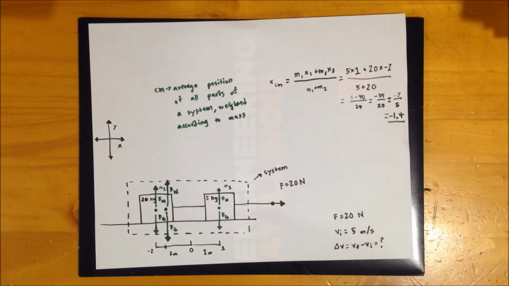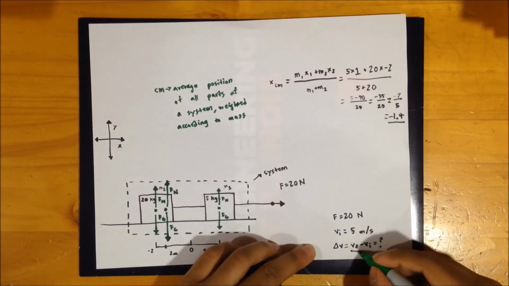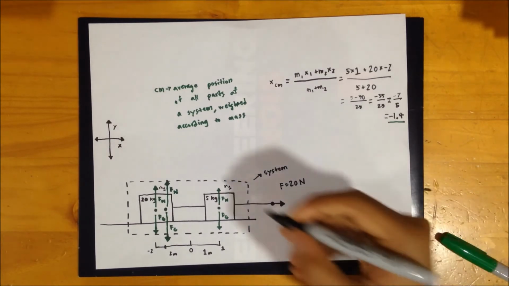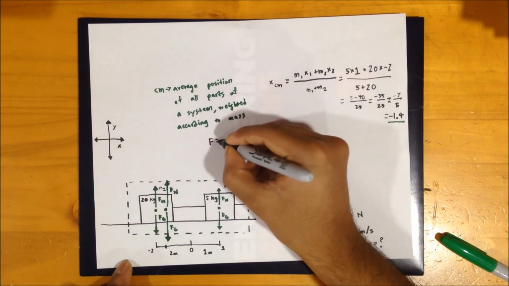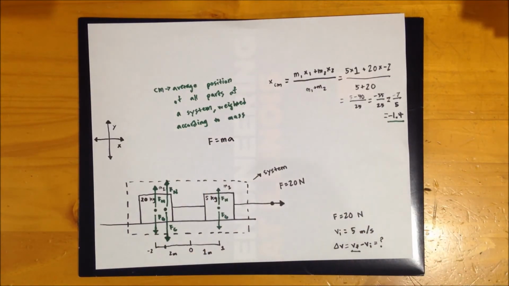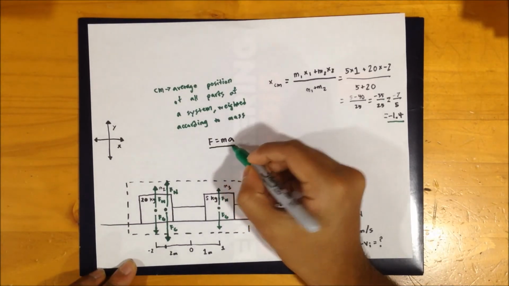So in order to find the final velocity, we have to find the change in velocity. How do we do that? Well, we use a formula from Newton's second law, F equals ma. This is the most important formula we need for this problem.